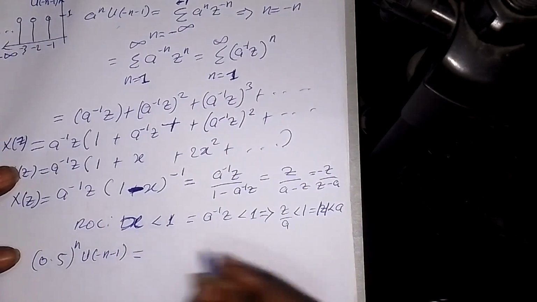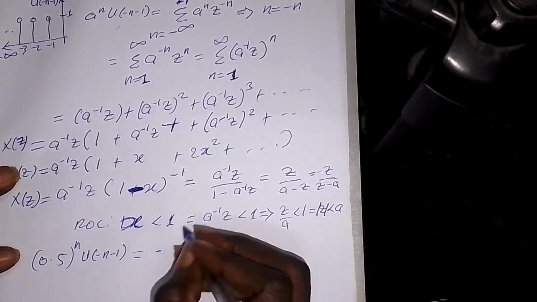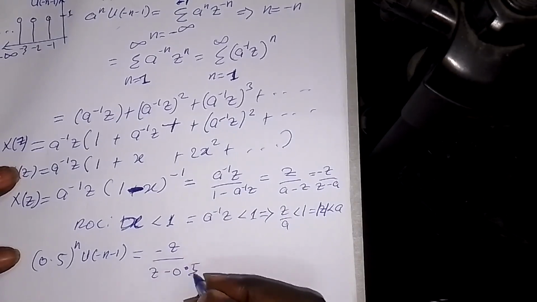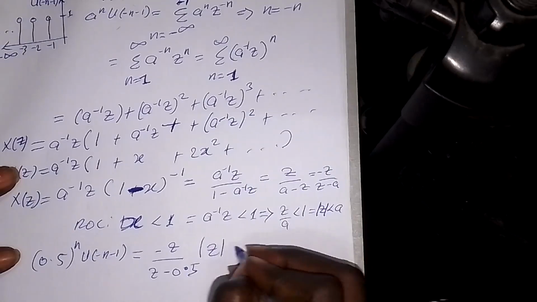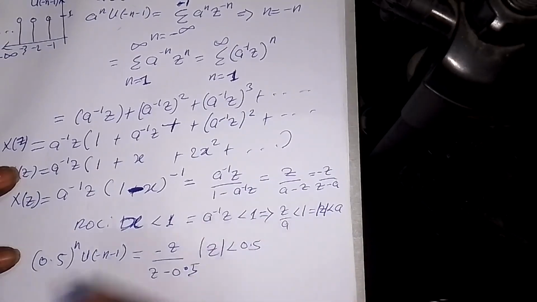In terms of Z transform, it's going to be minus Z over Z minus 0.5, and the ROC will be mod Z less than 0.5. So basically this is what I'm going to get.